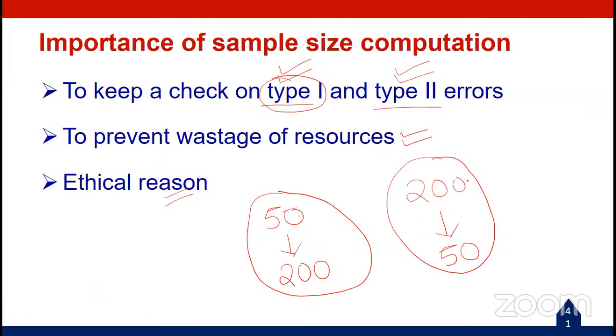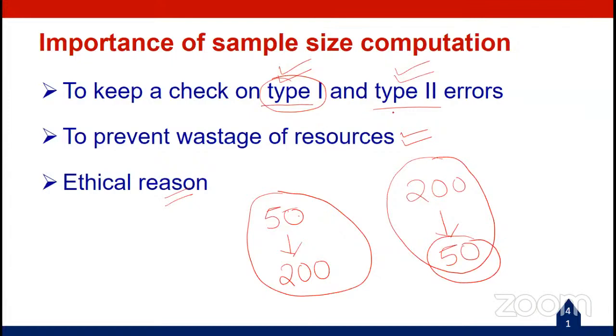Okay. Similarly, 200 are required, you are selecting only 50. So you know that this study will not give you anything. So still you are wasting your time and resources and the time of these 50 people.